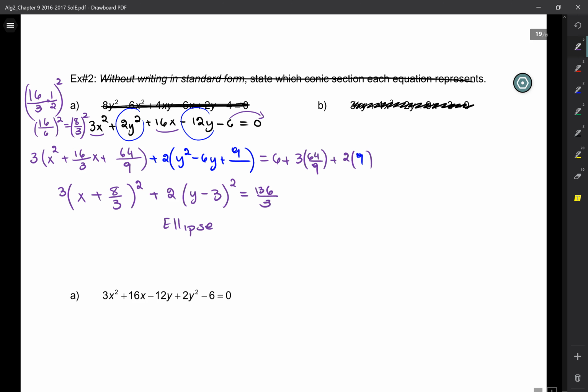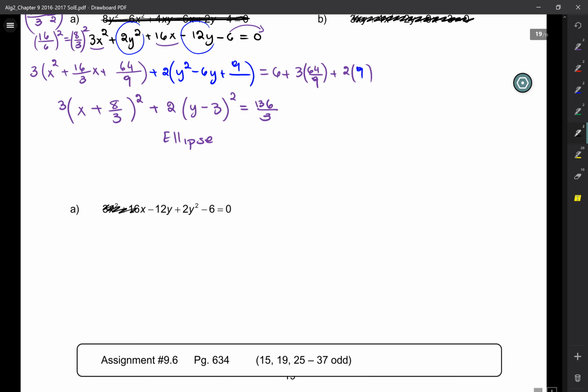All right, we're going to do 2 more. I'm going to give you a new one instead of this. So 4y squared minus 24y plus x plus 31 equal to 0. What do you think? What shape is this going to be?